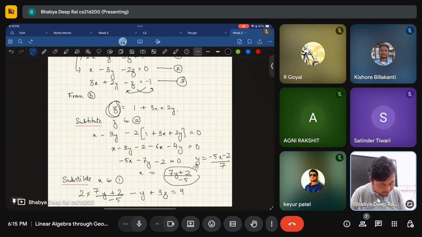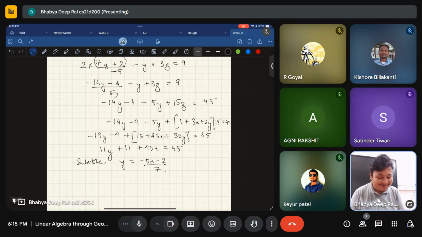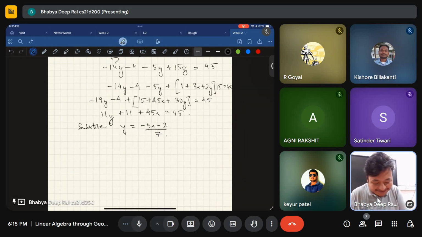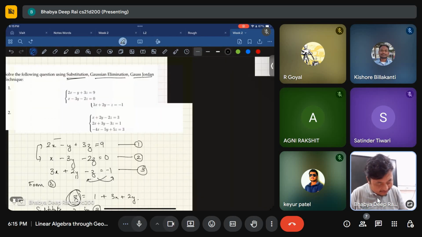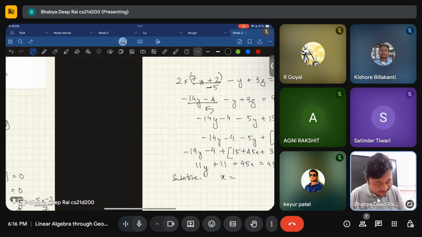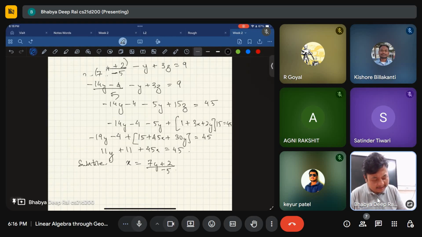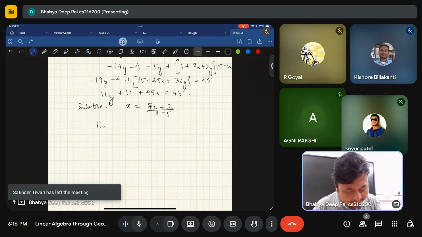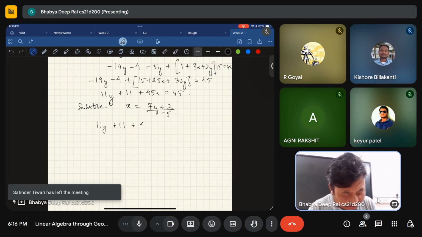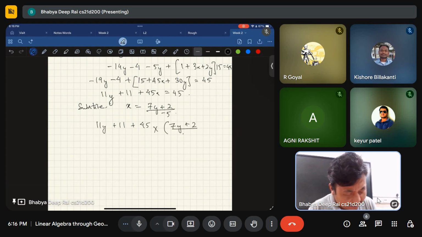Oh, it was already in the form of x, so no need to do that. What was it? x equals 7y plus 2 divided by minus 5. I'll just substitute that here. 11y plus 11 plus 45 times 7y plus 2 by minus 5 equals 45, right?